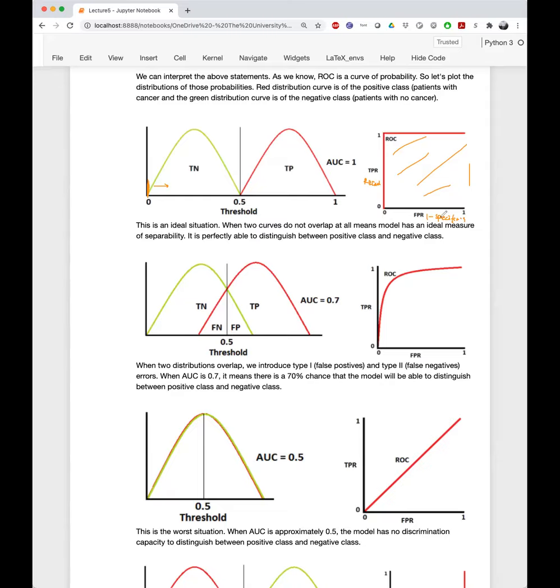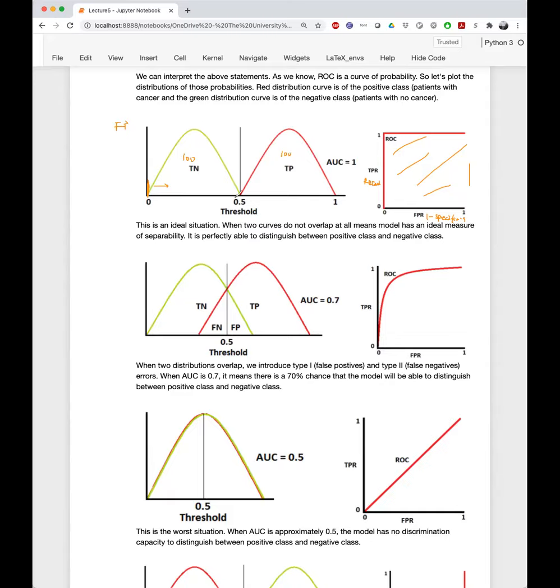Now let's look at the false positive rate. So let's look at the false positive rate here, and FP here. Let's just make an assumption. There are 100 cases that are negative. There are 100 cases that are positive.